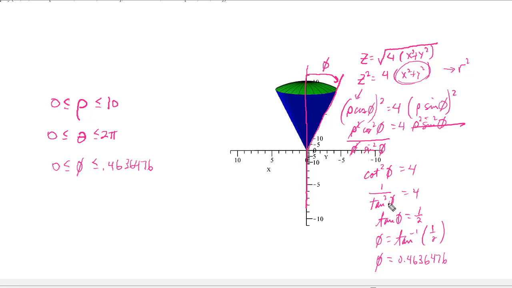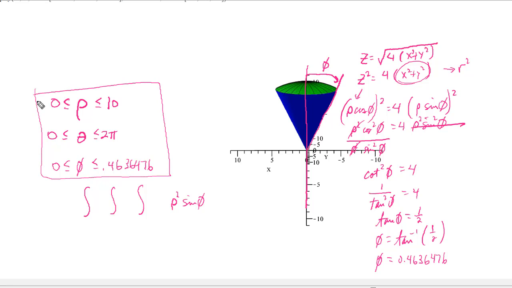So we'll set up our triple integral. Now our integrating factor is going to be rho squared sine phi. And since all of our limits are constants, it really doesn't matter what order we do these in. So we can do a d rho, where rho goes from 0 to 10.